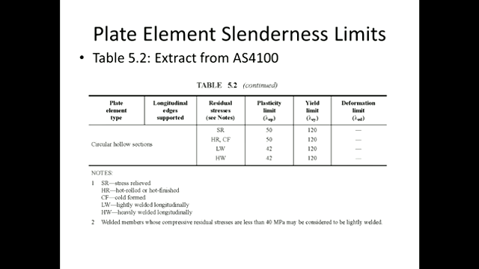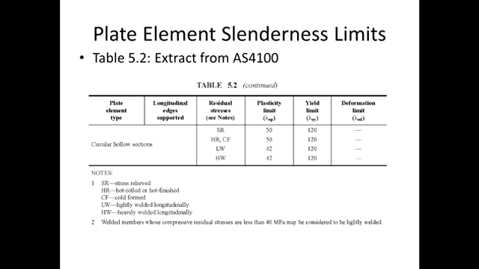And then the standard has these definitions, lightly welded longitudinally or heavily welded longitudinally, and you can see the definition here for members which might be considered to be lightly welded. So it depends on the residual stress within that particular section.